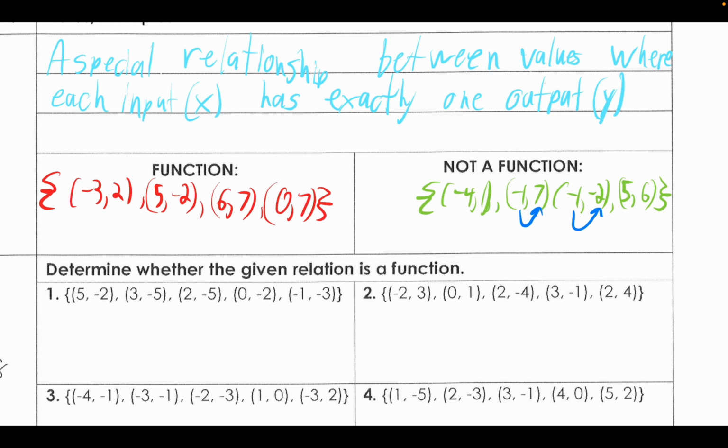A good way to think about functions is it's like a vending machine. A good, proper vending machine works like this: you figure out the item you want, you push the code, obviously you pay as well, and you get the item out. And it's going to be consistent. Every time you're going to get that same item out. It's not like I'm going to come one day, type in 5, and get -2, which let's say is a Butterfinger.